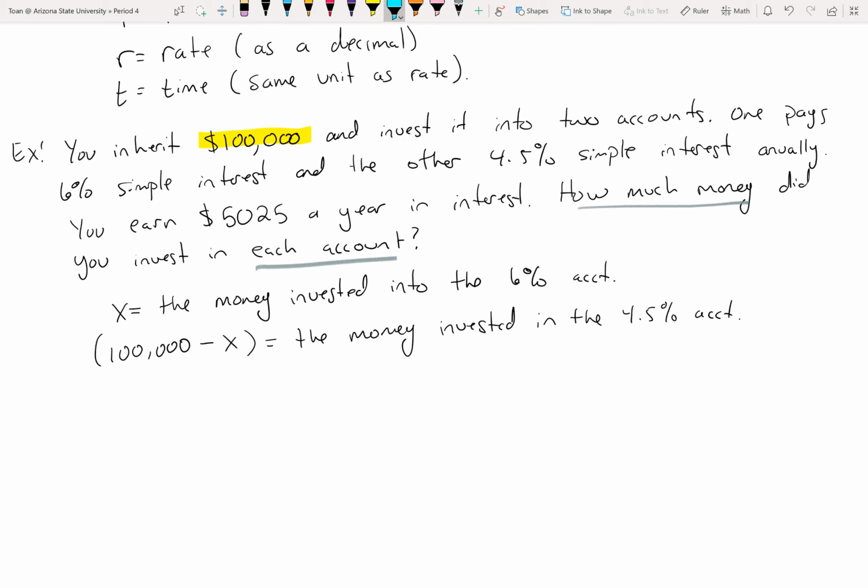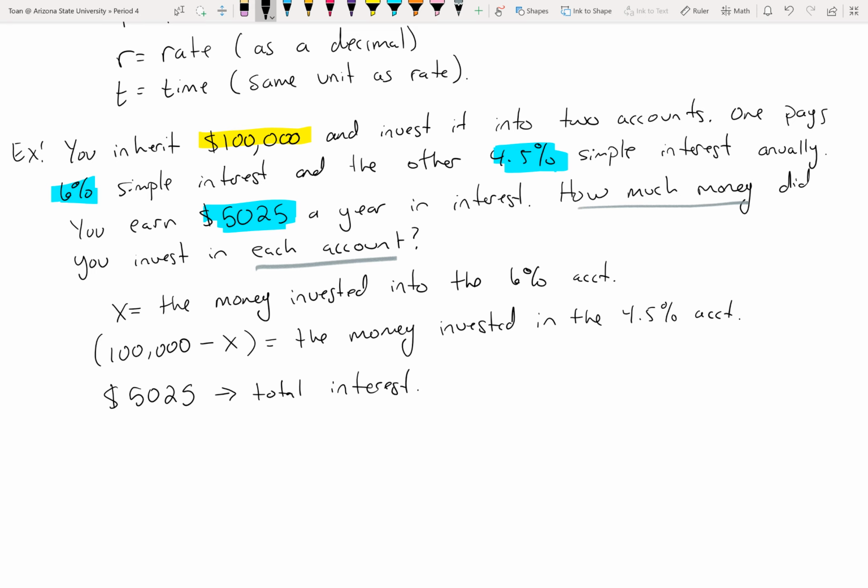Then you just keep reading, scanning for the information. 6%, we've already covered that. The 4.5%, we've already covered that. Oh, 5,025. That's new information. I'm going to write it down. What's that? That's the total interest. Scanning the whole problem, I think that's all the numerical information we have.